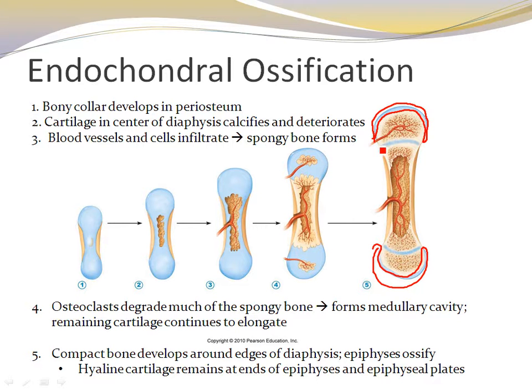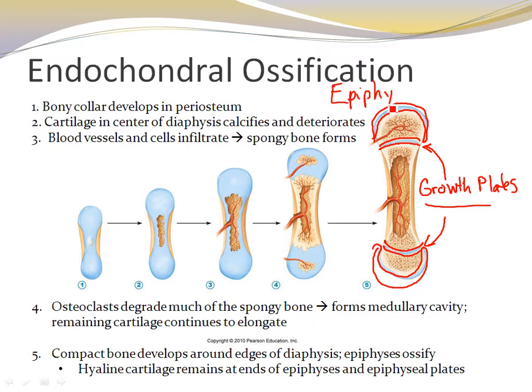Then notice you've also got this little strip of hyaline cartilage tissue that they're showing you there in blue that's left. Okay, each of those little strips, those are the growth plates that you've heard about before. Another term for those, epiphyseal plates, referring to the epiphyses of the long bones.